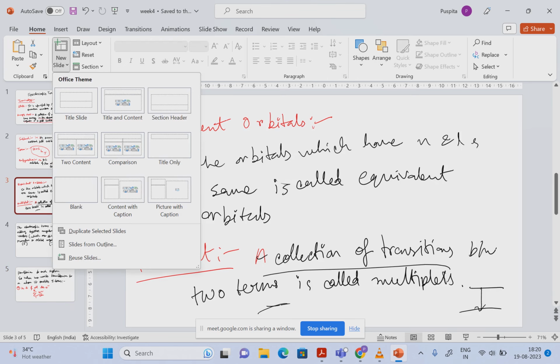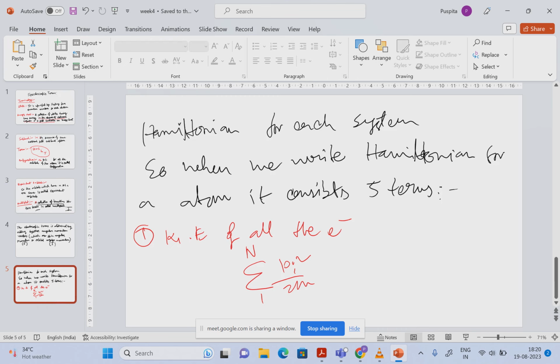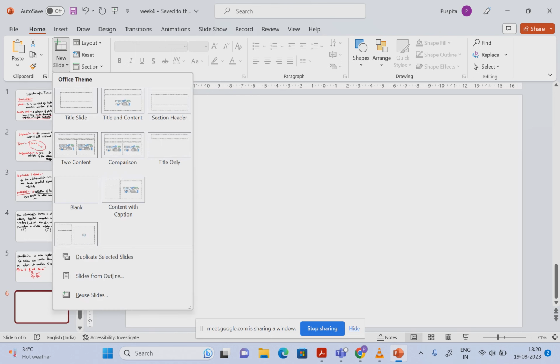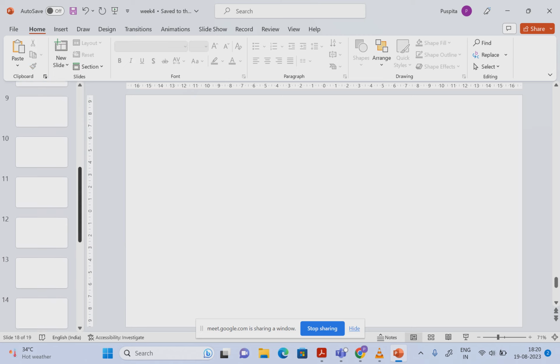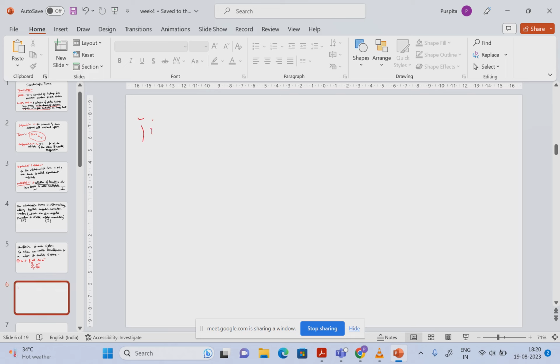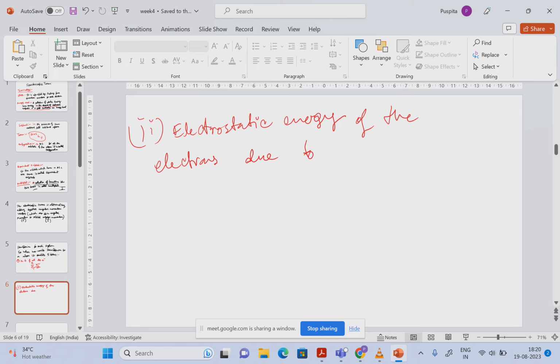The next term is called the electrostatic energy of the electrons due to interaction with the nucleus.